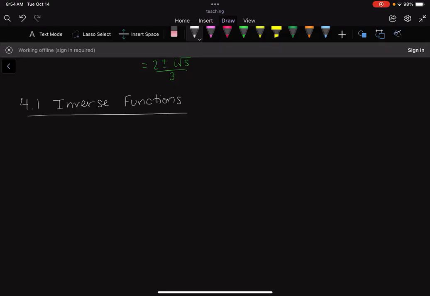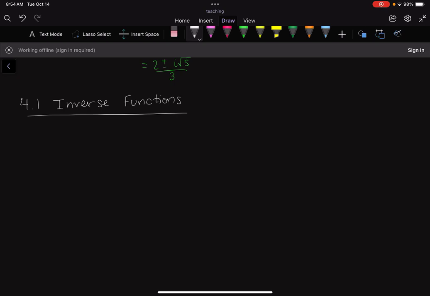And we'll see some other properties that happen with inverse functions. But a big reason that we're talking about them right now is that we're about to move into exponentials and logarithms. And exponentials and logarithms are inverse functions of each other. So first we talk about inverses and then we move over there.